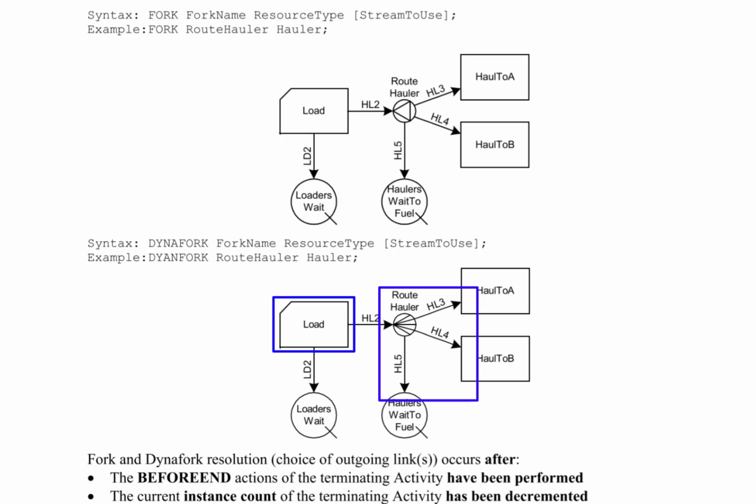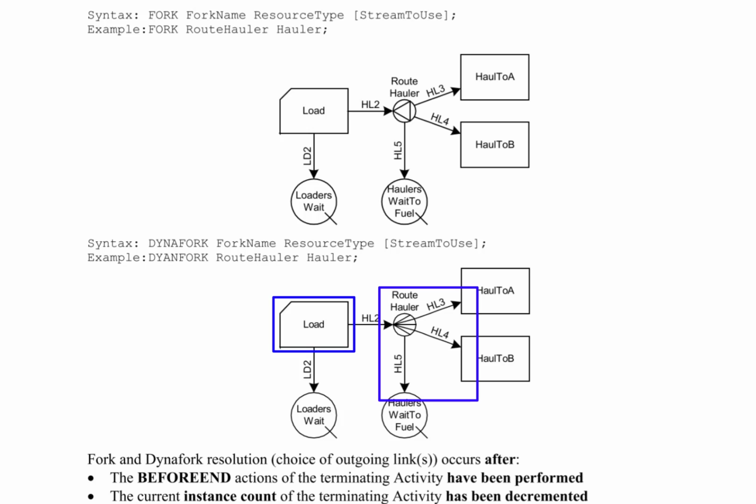So if a terminating instance of load contains multiple haulers, they will be released one at a time through link HL2. Each hauler released by a terminating instance of activity load will reach the DYNAFORK route hauler and will make its own separate decision as to where to go next, through links HL3, HL4, or HL5.